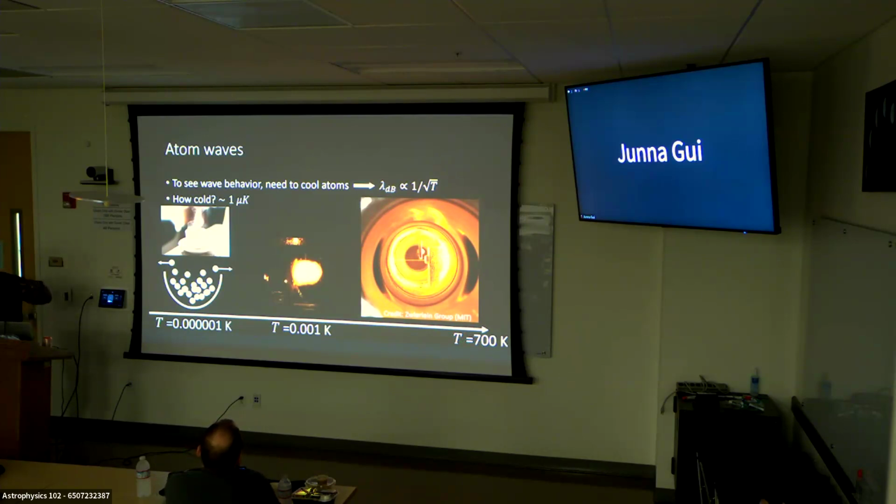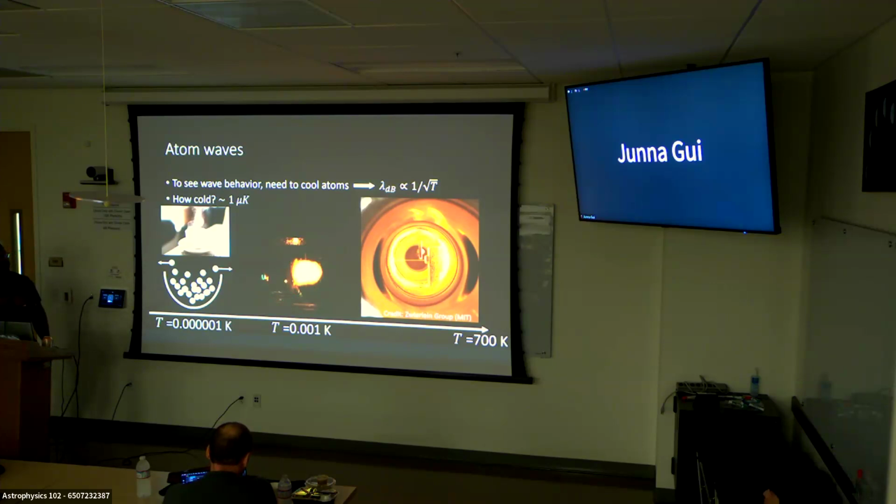It shoots through a Zeeman slower into this region called the three-dimensional magneto-optical trap, the MOT, where over the course of applying cooling with laser beams and magnetic field over about a meter, you go from 700 Kelvin to roughly a millikelvin.